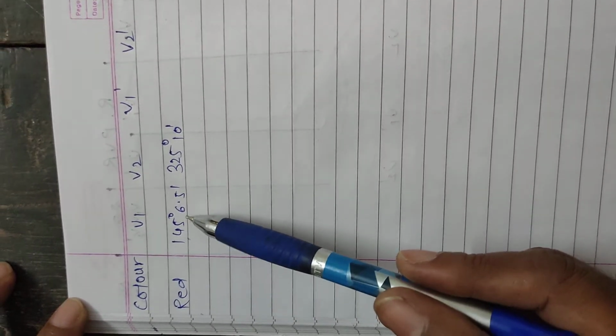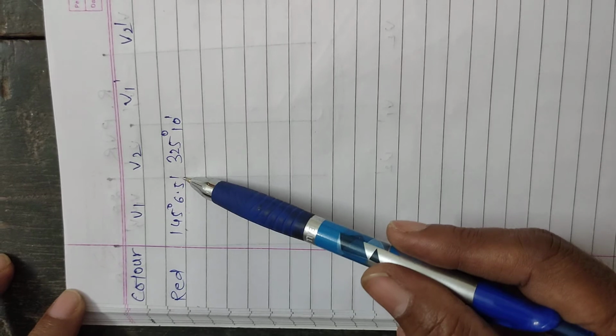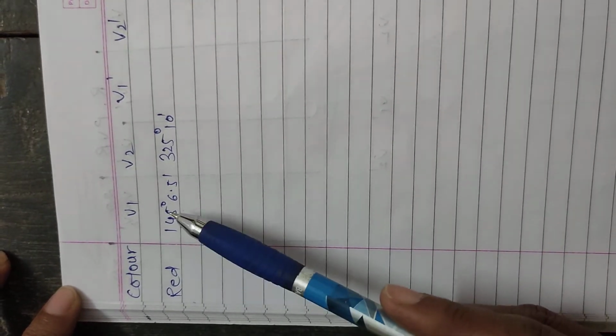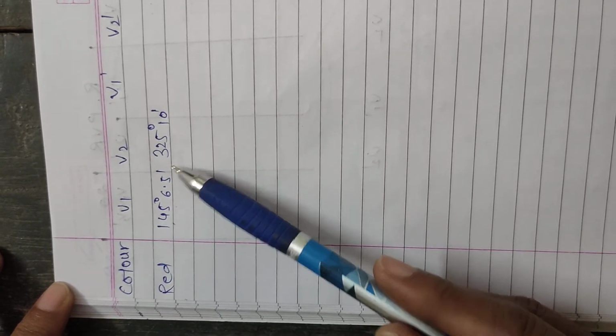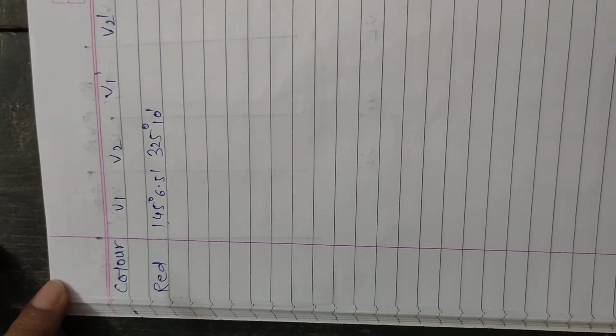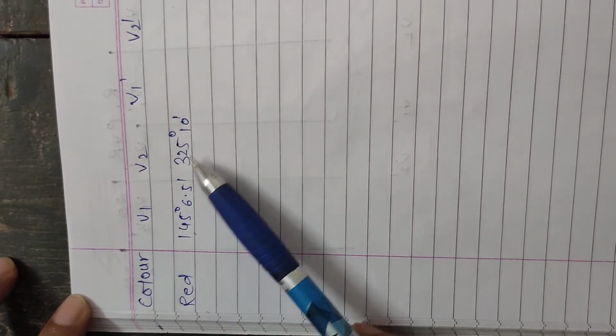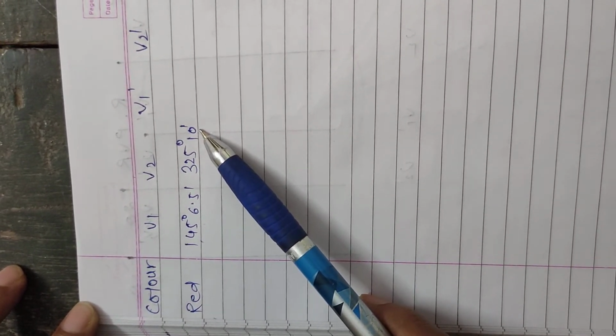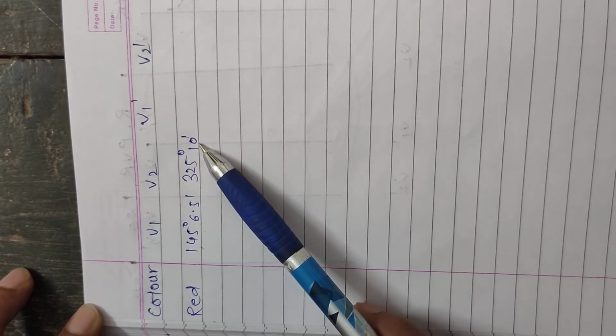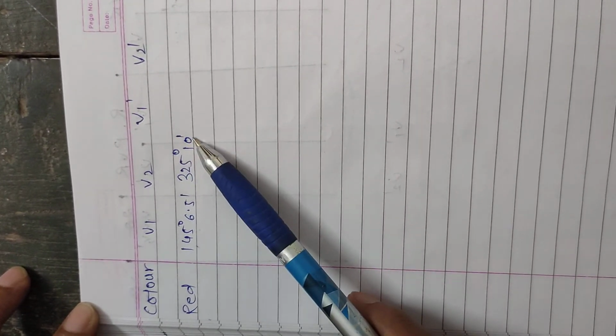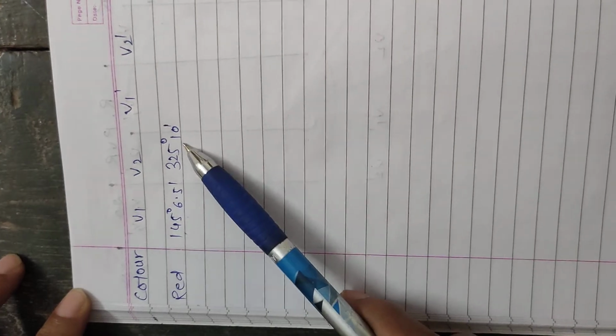I said it's 7.5 but it is 6.5 minute. So the reading is 145 degrees 6.5 minutes through vernier V1. Simultaneously for the same position through the opposite window, that is vernier V2, we have seen the reading, that is 325 degree and 20 minutes into 0.5, that is the 20th line into 0.5, so that is 325 degree 10 minutes. This is the reading for the red color line.